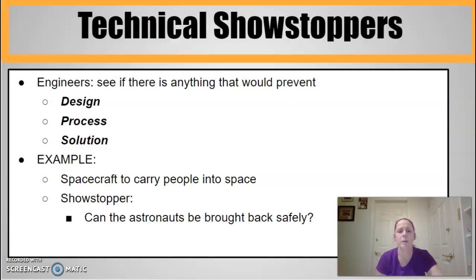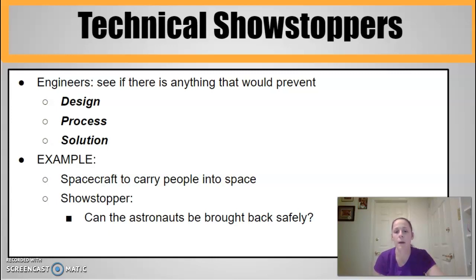They're also used in what's called technical showstoppers. This is when engineers see if there is anything that would prevent the design, the process, or the solution.